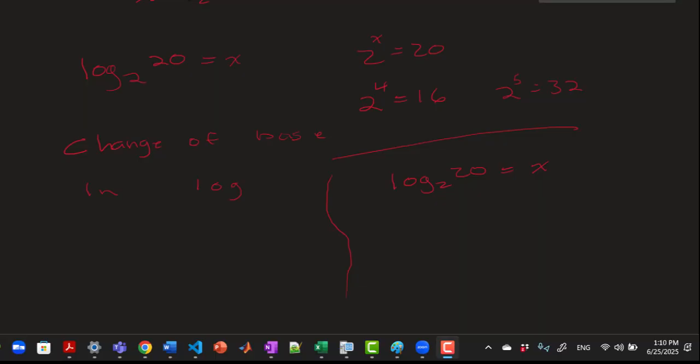Well, I maintain that it would be the log of any base of 20 over that same base of 2, and I would say that that would equal x. So let's see why that's the case. Let's say that I had the log base a of b, and I say that that equals the log base c of b over the log base c of a.